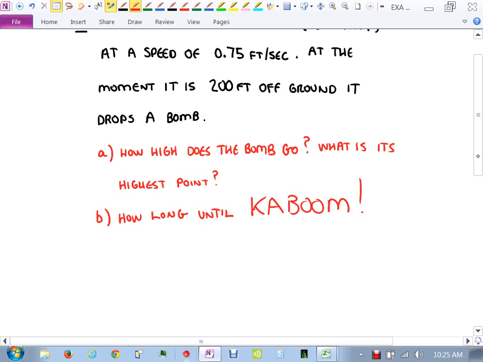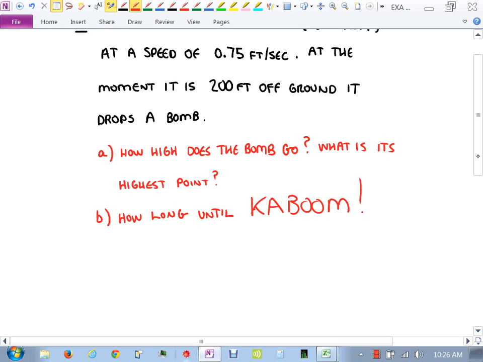It's yes or no. So do y'all want to vote? How many of you think 200 feet is the highest the bomb would go if you let it go at 200 feet? And then how many people think that it's higher than 200 feet? Or lower?